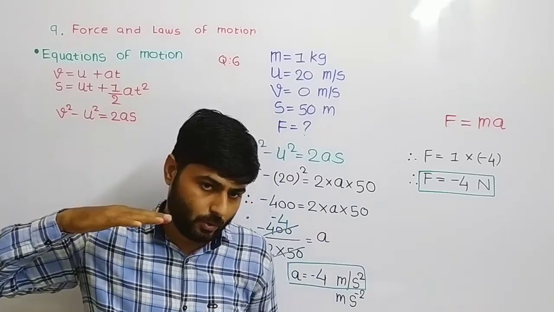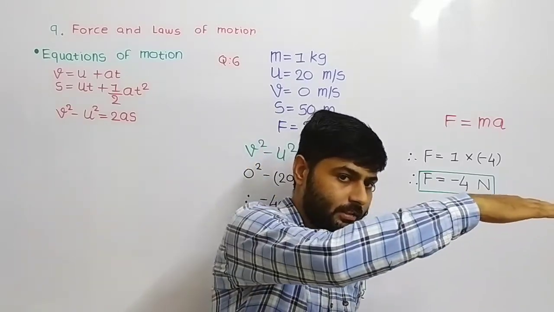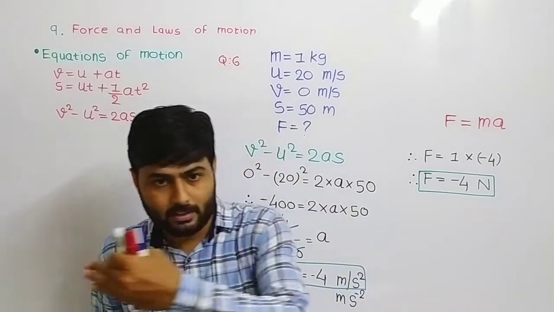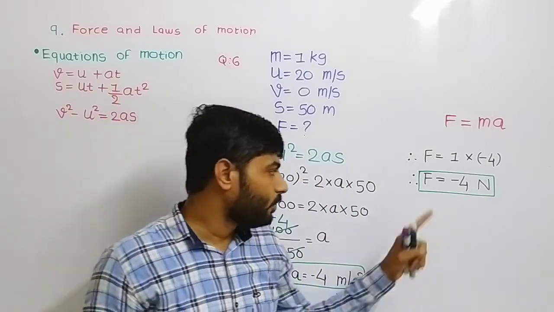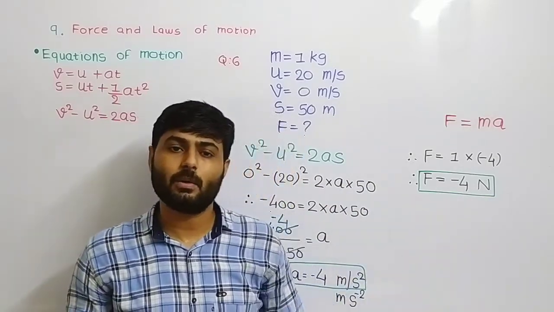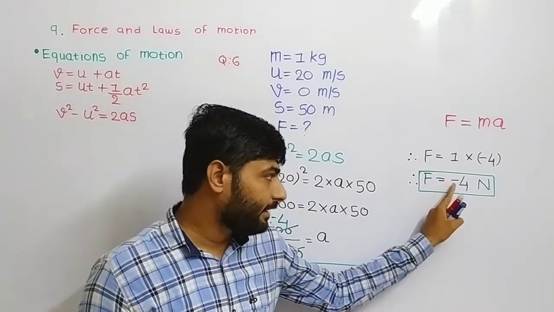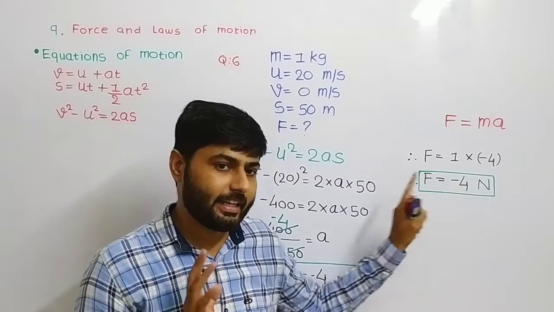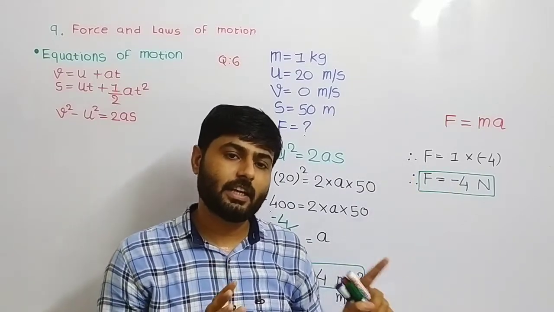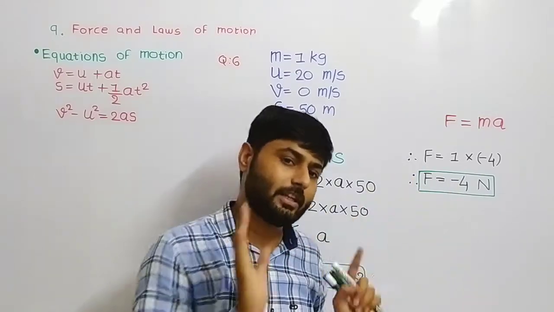If the stone travels in this direction, the frictional force will be in this direction. So we have the answer F is equal to minus 4 Newton, and I hope you got the point of what the minus sign is indicating here, that is the direction is opposite to the traveling direction.